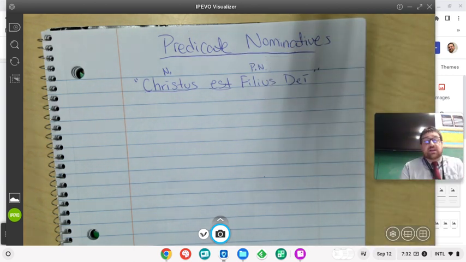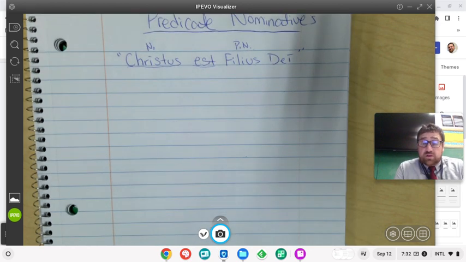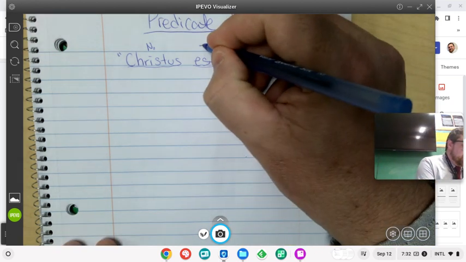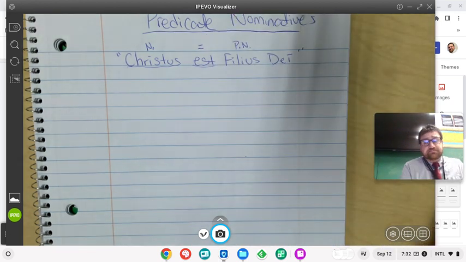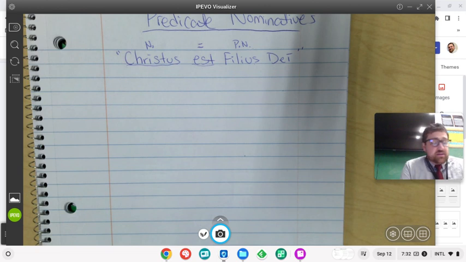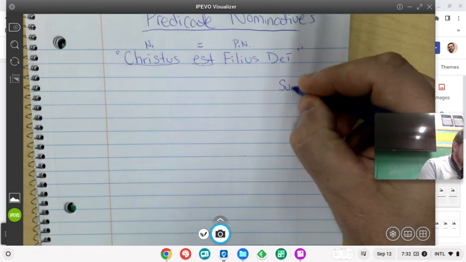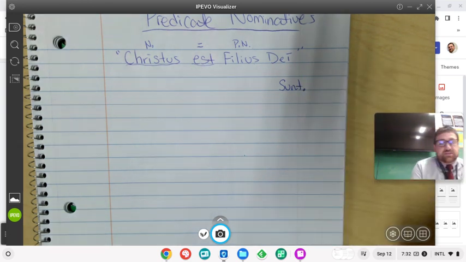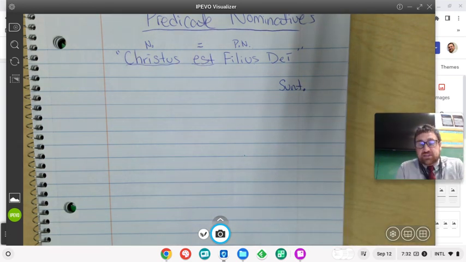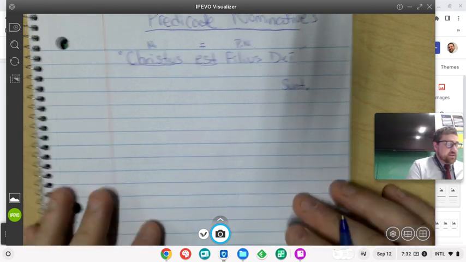Sometimes in a sentence, there can be more than one word in the nominative. The reason for that is this verb est functions as an equal sign, and along with it, the word sunt often functions as an equal sign. I'll give you an example.